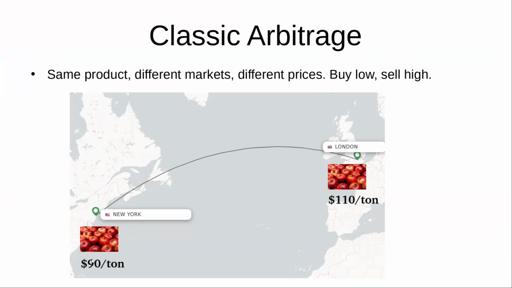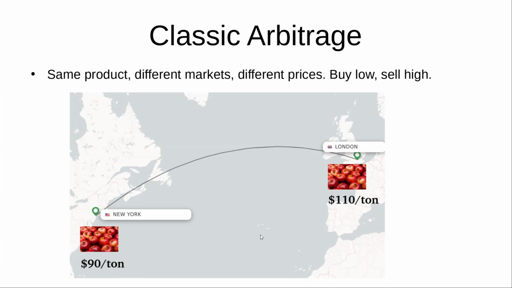Let's say a ton of apples trades around $90 in New York and around $110 per ton in London. This means you can buy it at pretty much 90 and sell it at pretty much 110, give or take a few cents. That's why I'm saying trade price and not buy or sell. They are very close and don't matter when the difference is that much.